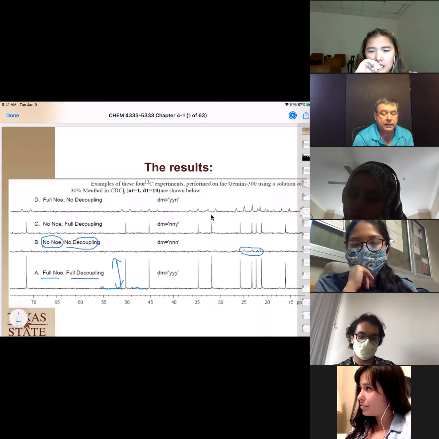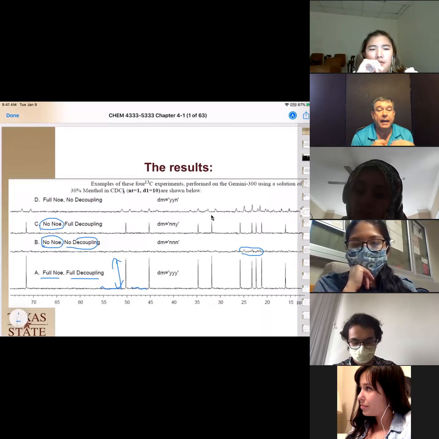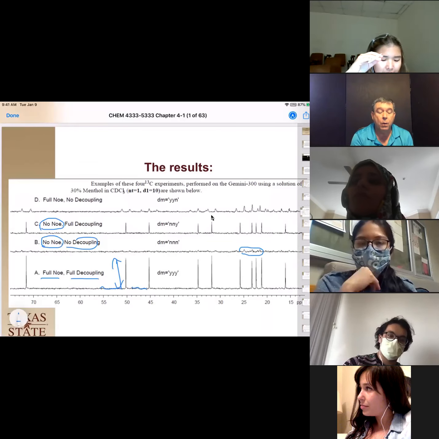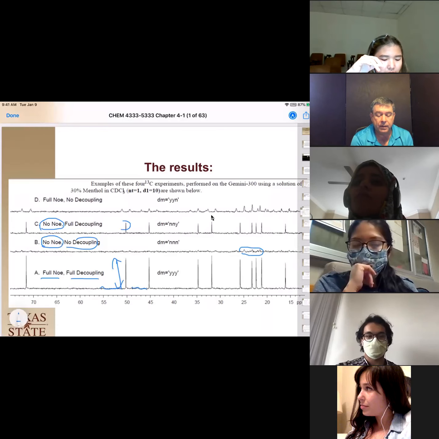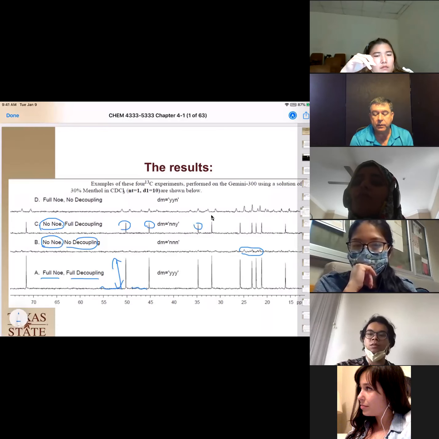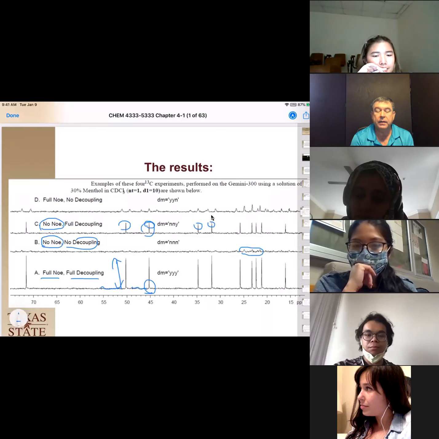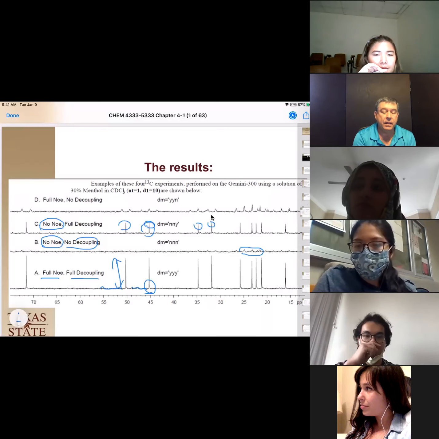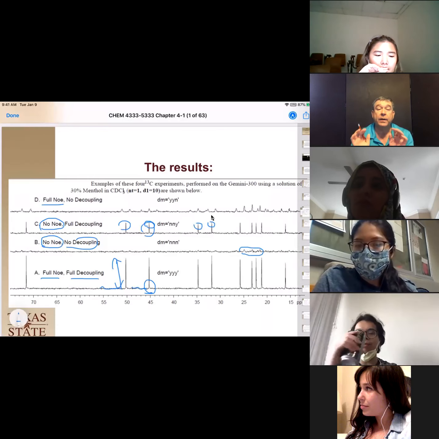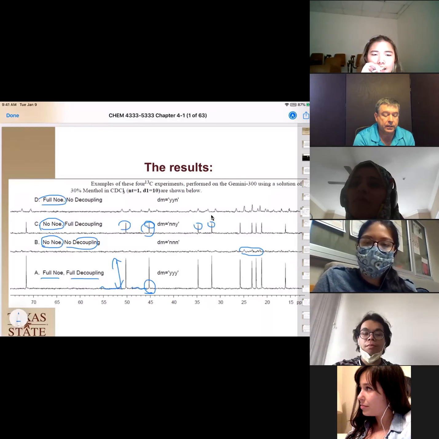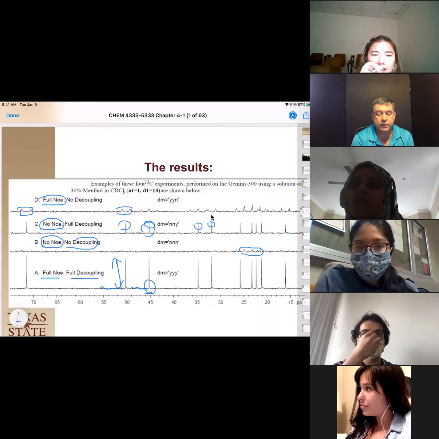Now, if we don't use that spin-spin enhancement of taking the hydrogen spin and adding it to the carbon to get that enhancement, we get signals, but our signal noise ratio is not as good. See, this is about a third of the signal we would get on this other one here. And then if we just did NOE, where we transfer the signal but we didn't decouple, notice this one has at least one hydrogen on it because it's split here, one hydrogen on it split here, two hydrogens on it split here.